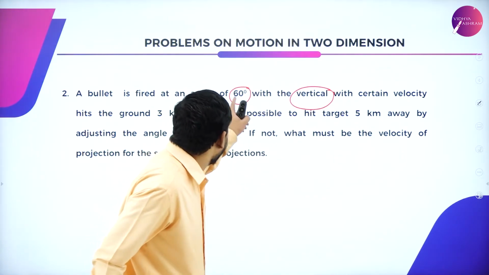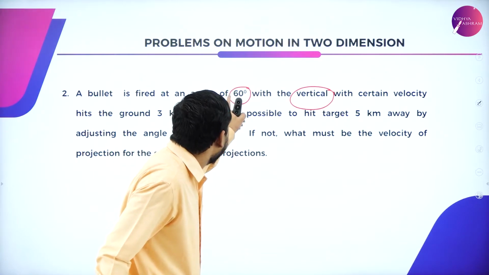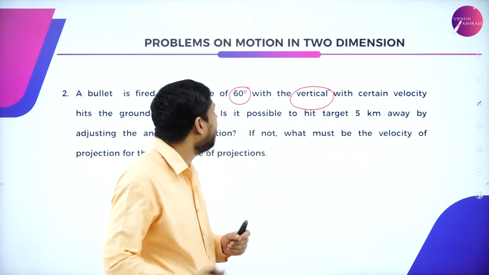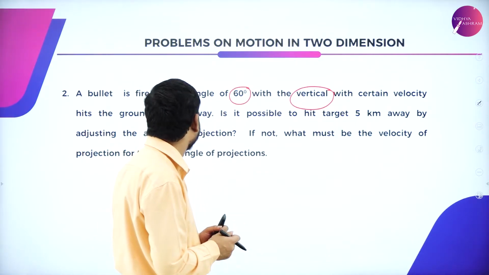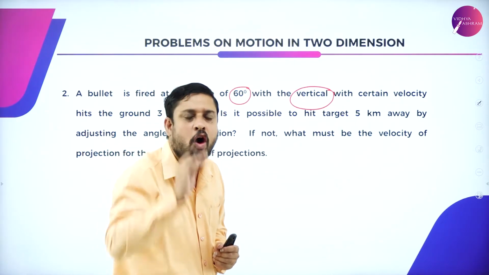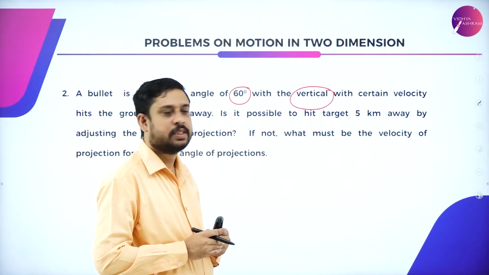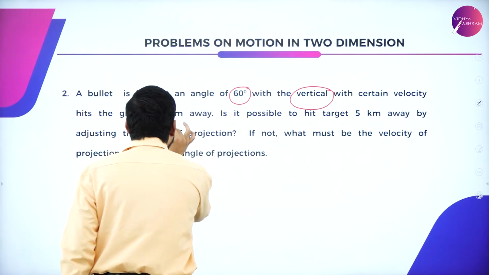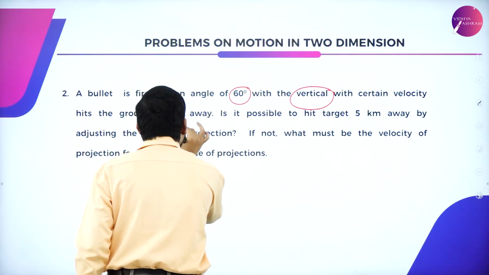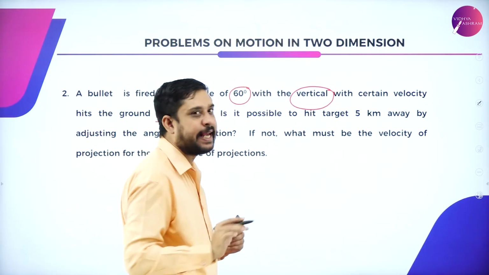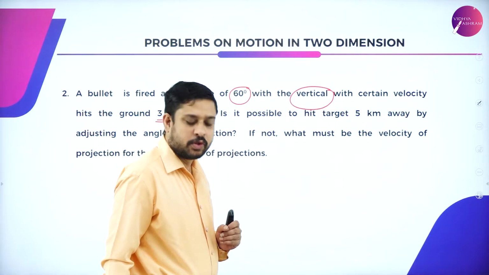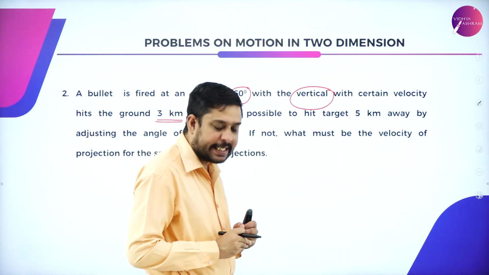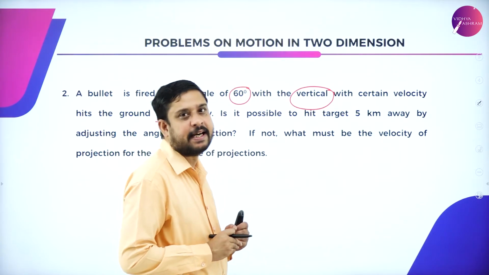So we are firing a bullet at an angle of 60 degrees with the vertical with a certain velocity, and it hits the ground 3 kilometers away. So it is hitting the ground 3 kilometers away.